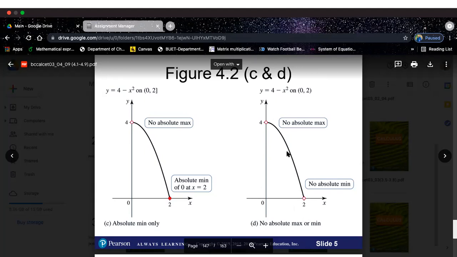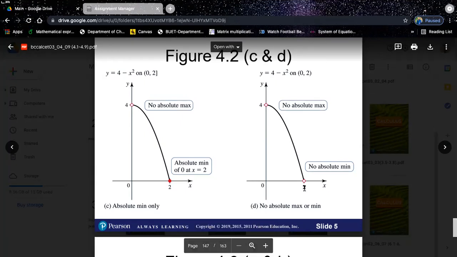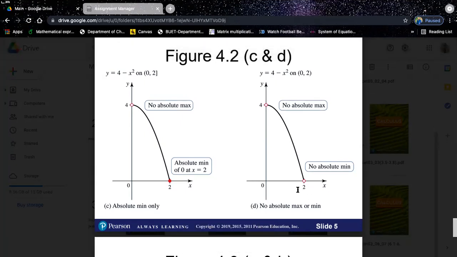So I can say that there is no maximum or minimum value. That means you need to have a defined value at your minimum or maximum point. The maximum point is definitely this, but we don't have a defined value. The minimum point is definitely this, but we don't have a defined value either. So that means you need to have a defined value. Okay.